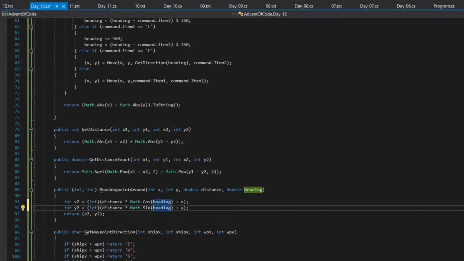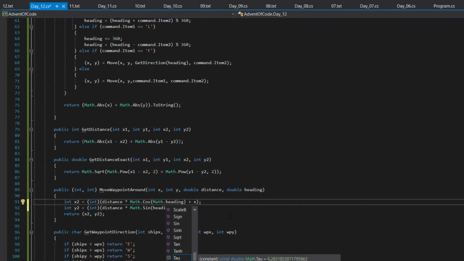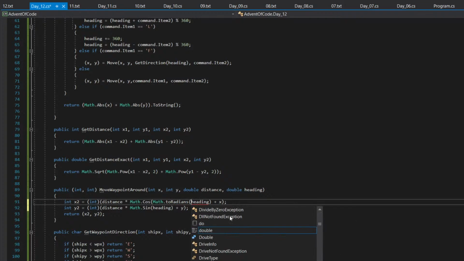Oh, does the heading need to be in radians? Hmm. Two radians.